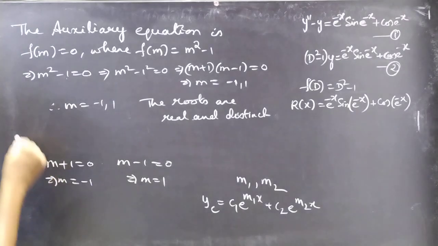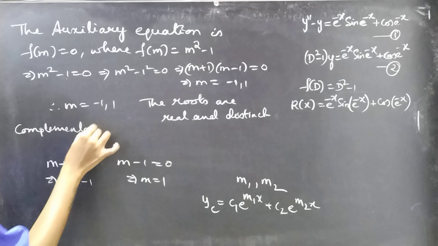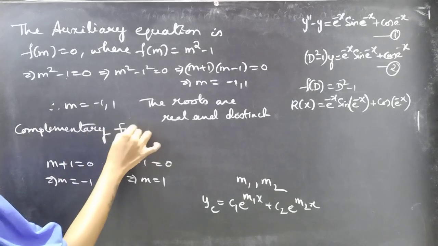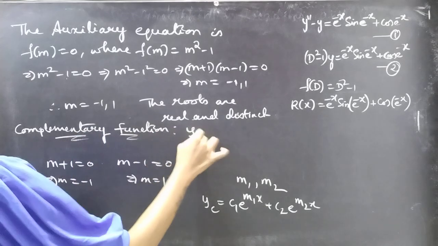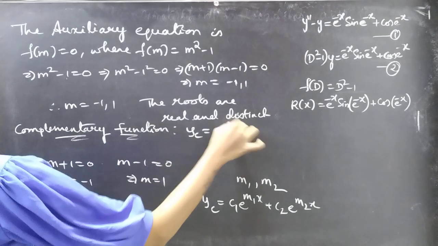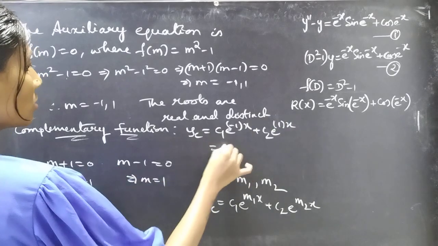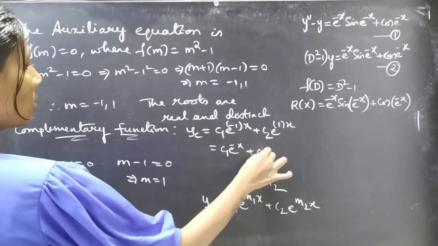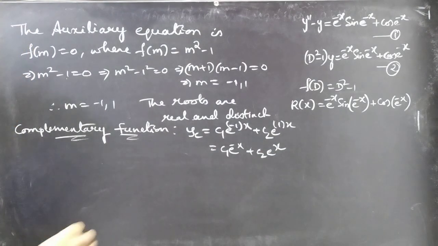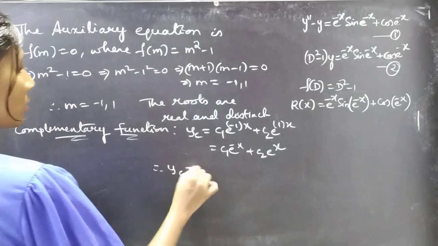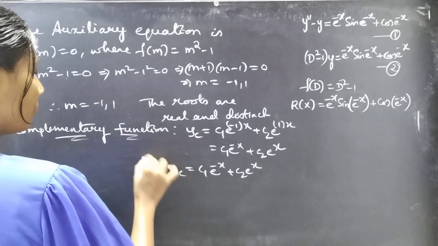Now coming to our complementary function, yc equals c1 e^(m1 x) plus c2 e^(m2 x), which gives us c1 e^(-x) plus c2 e^x. Therefore, yc equals c1 e^(-x) plus c2 e^x.